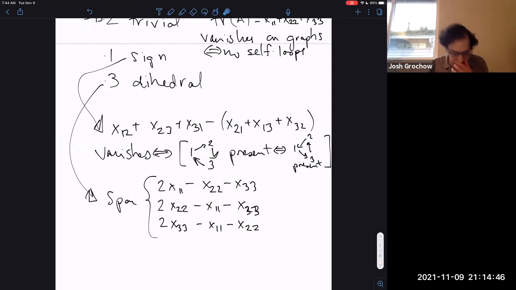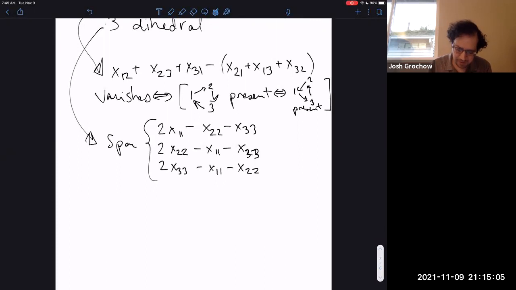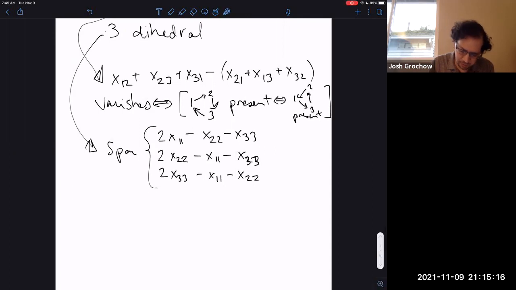Okay, and what does this vanishing tell us? This is really two-dimensional. I wrote down these three because it's a very nice symmetric basis, and you can see the action, but it's really only two-dimensional because the sum of these three things is 0. On general matrices it's some complicated thing, but on 0,1 matrices it's not so complicated. It says that if x11 is present, then for this to vanish, x22 and x33 must both be present, and the same for each of these.